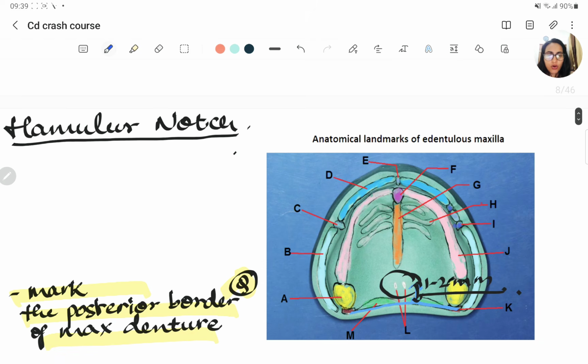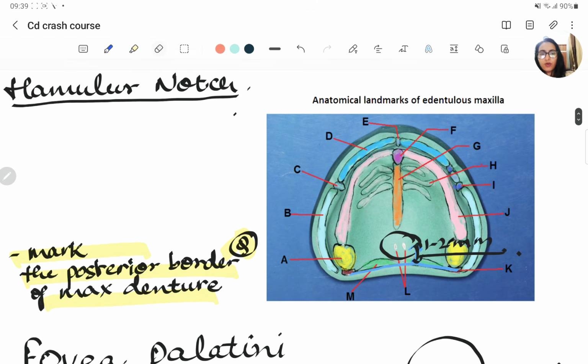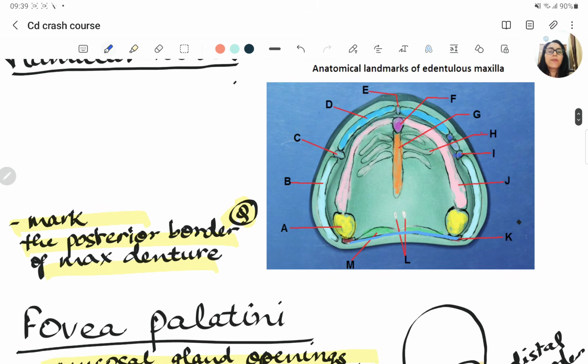Next is hamular notch. So hamular notch is a depression present between the distal tuberosity and the hamulus of the pterygoid plate. So between the medial pterygoid plate and the distal tuberosity, there is a depression present. So this particular depression is going to be our hamular notch.